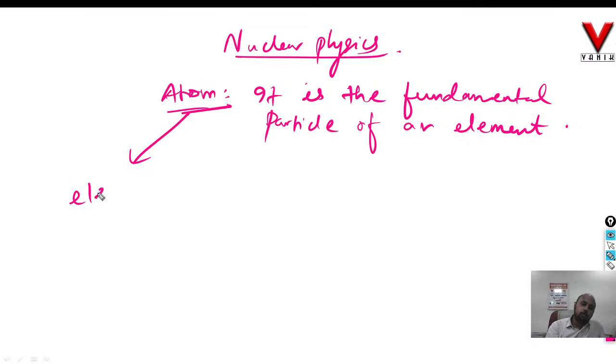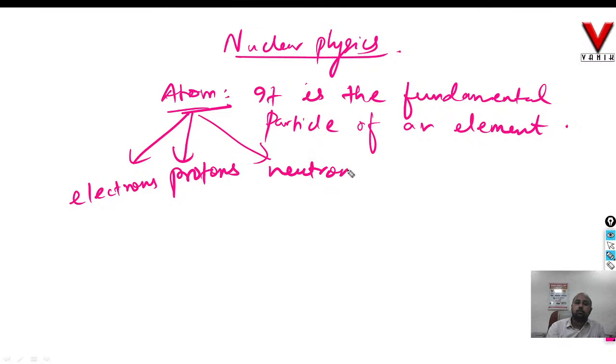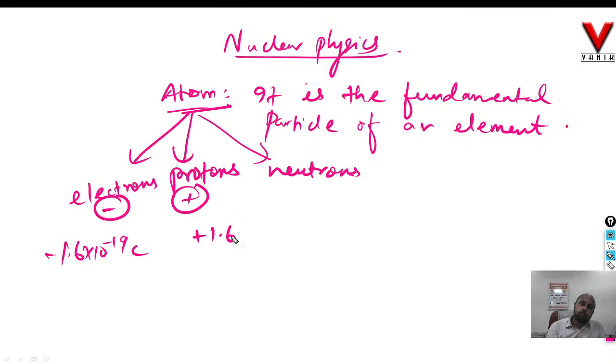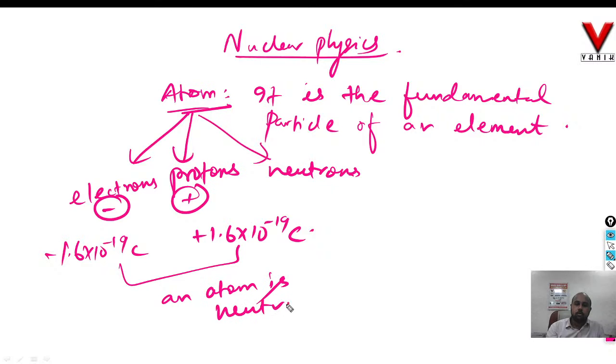Atom has electrons, protons, neutrons. Electrons are negatively charged, protons are positively charged. This is minus 1.6 10 power minus 19 coulomb, plus 1.6 10 power minus 19 coulomb. So an atom is neutral in nature. Neutrons do not have any charge.